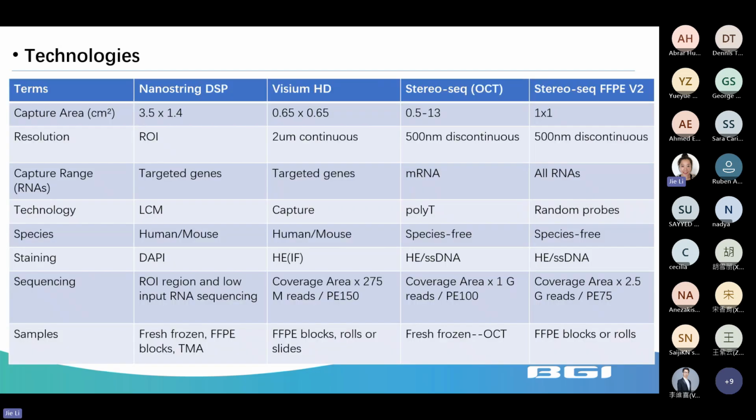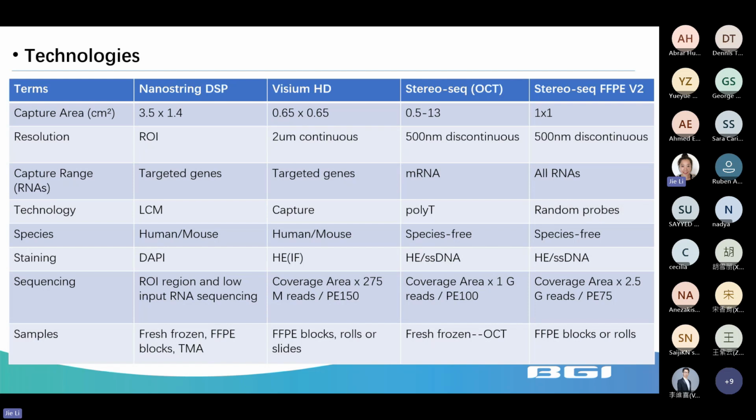Here I also listed some of the major technologies. We can see the major commercialized spatial transcriptome methods each have their own strengths, such as NanoString DSP, which is much friendlier with TMA, where they can probably do up to 100 different tissue samples.